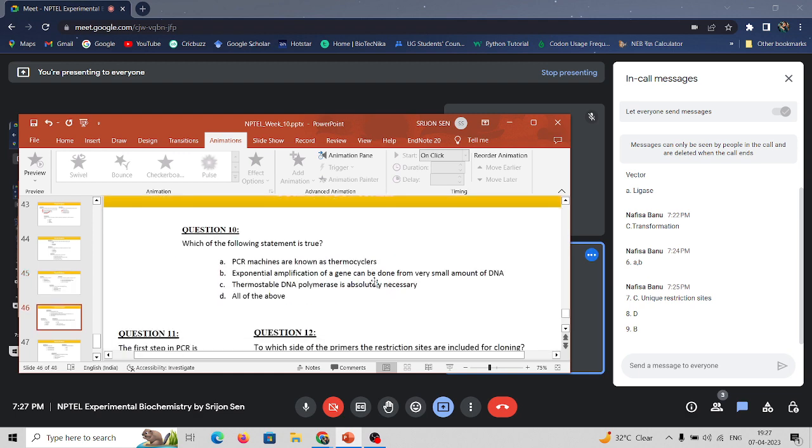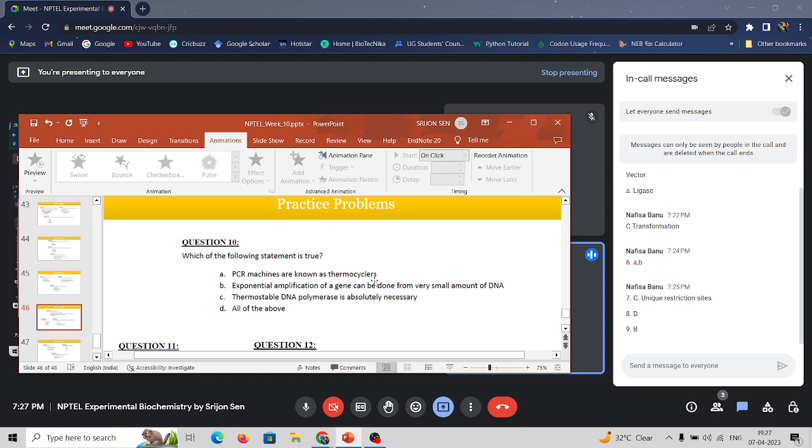9B. Question number 10. Which of the following statements is true? PCR machines are known as thermocyclers. Exponential amplification of a gene can be done from a very small amount of DNA. Thermostable DNA polymerase is absolutely necessary, or all of the above.